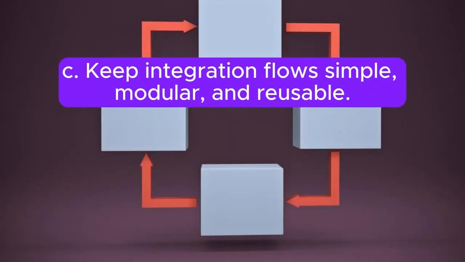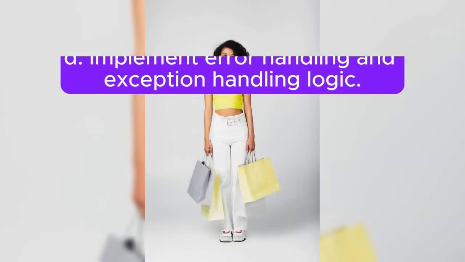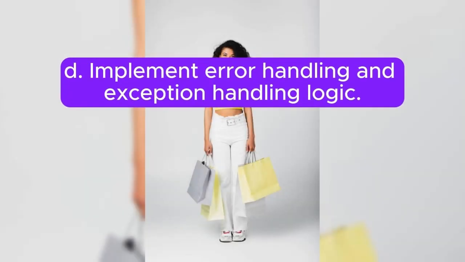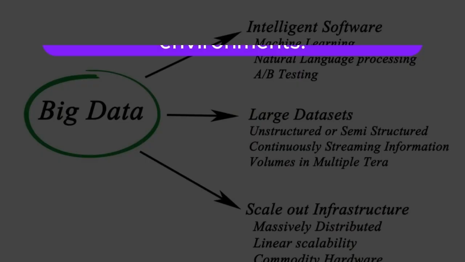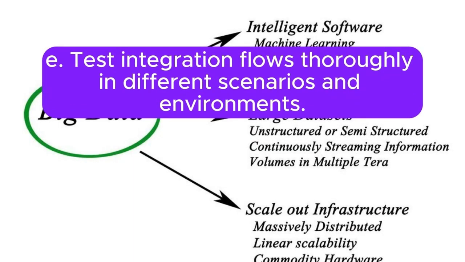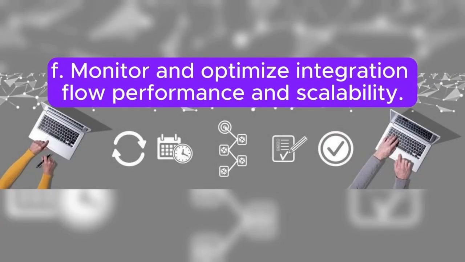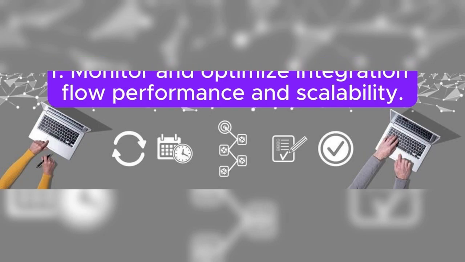C. Keep integration flows simple, modular, and reusable. D. Implement error handling and exception handling logic. E. Test integration flows thoroughly in different scenarios and environments. F. Monitor and optimize integration flow performance and scalability.